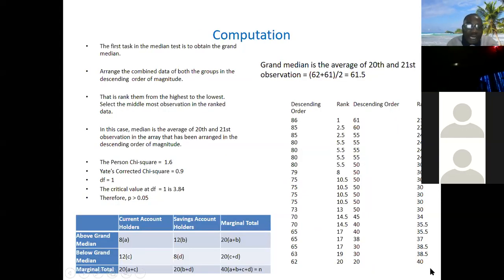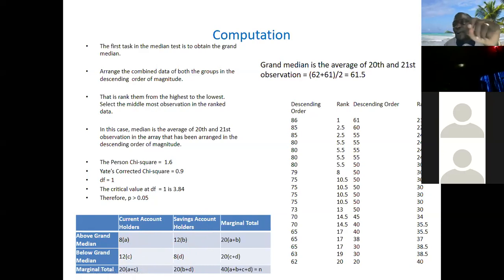So look at the table now. It will give you a cross tabulation. Above the grand median, 8 of them. Below the grand median is 12. Above for savings, the grand median is 12. Below is 8. It forms a 2 by 2 table.